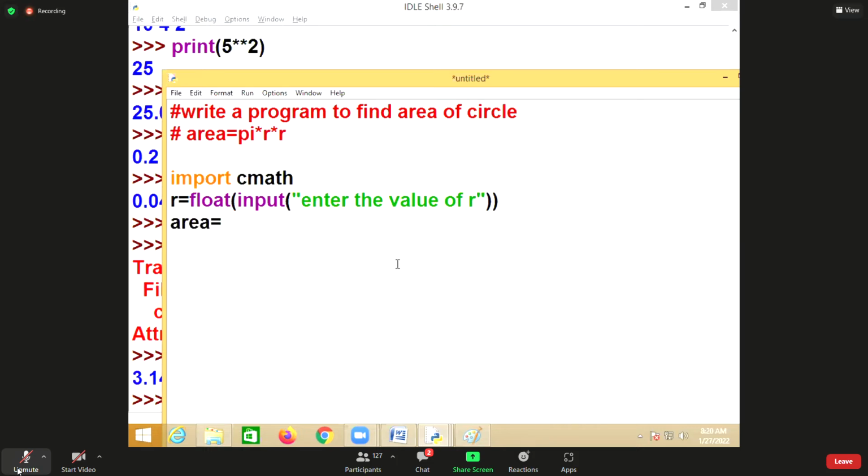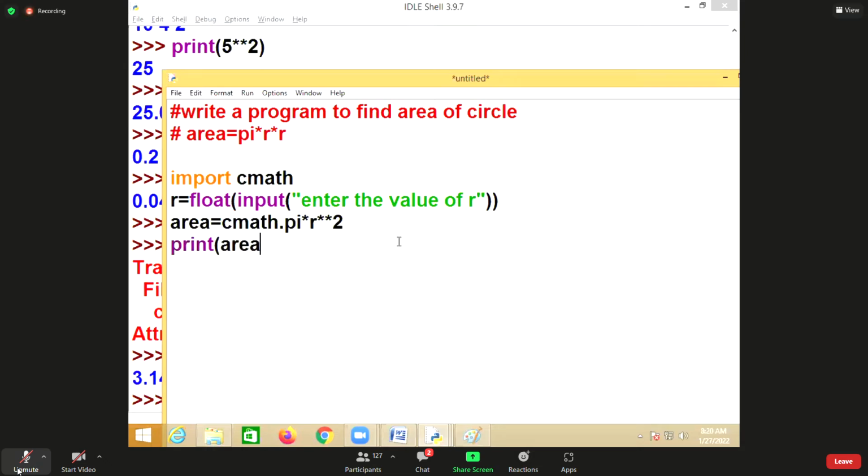And after that, I'm saying area equal to cmath.pi into r to the power of 2. See here, which operator is this? Power operator. So r to the power of 2. Pi into r to the power of 2.